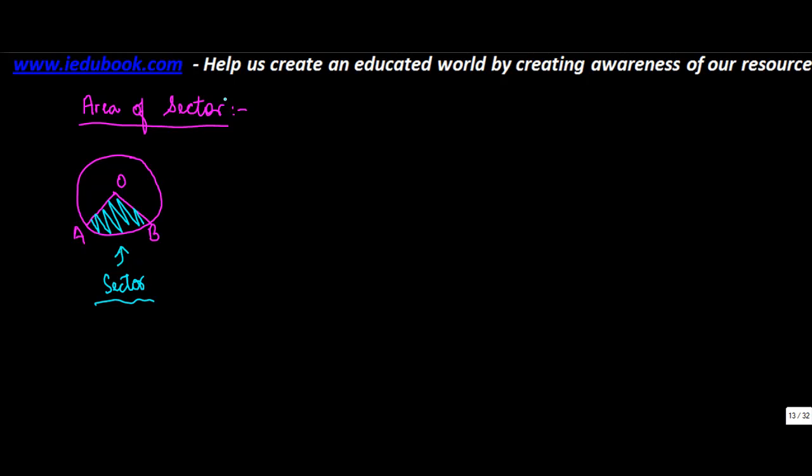Okay? An area of such a sector, how do you calculate it? Now in a circle, you know that all the points on the circle are equidistant. Okay, so area of sector of a circle is equal to, let's say, the angle which is here within this sector is theta.